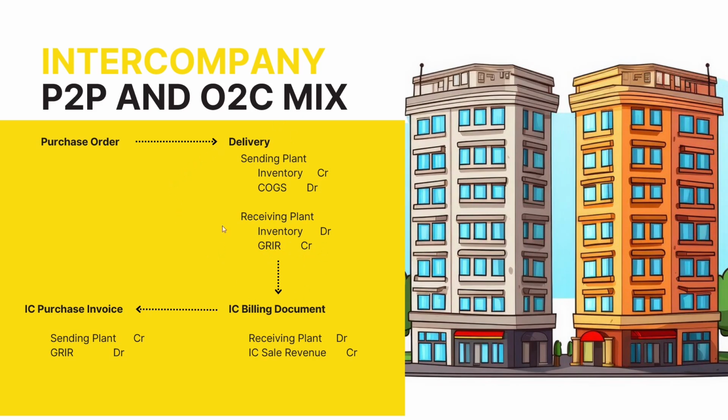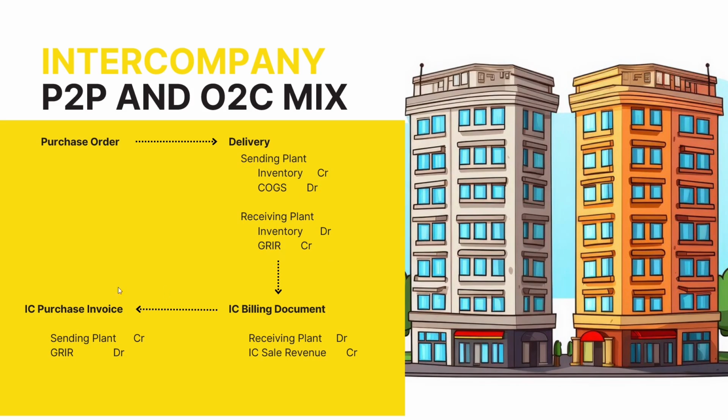Now, once this delivery document is posted, as I said, it is posted in the sending company code, but these two documents are created as intercompany documents. The first document is created in the sending company code, and the second one is created in the receiving company code. So these are intercompany documents.